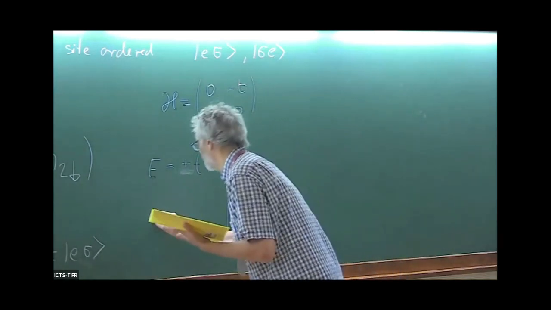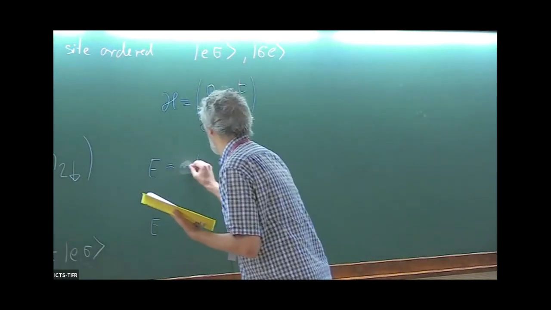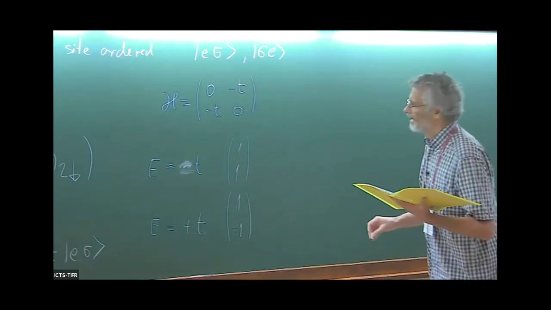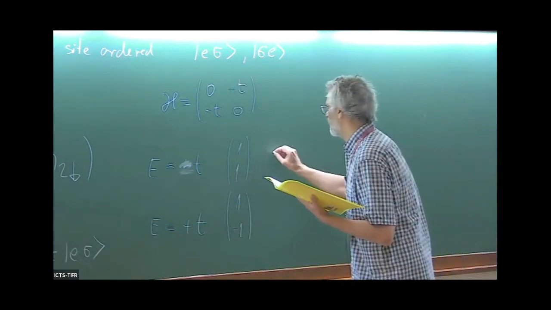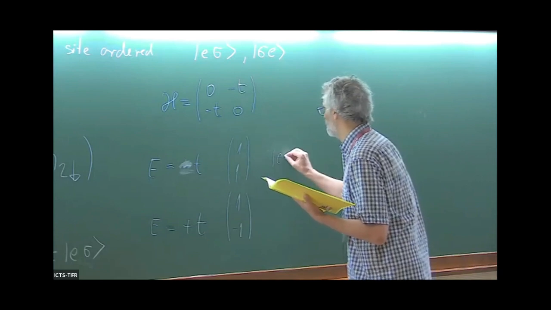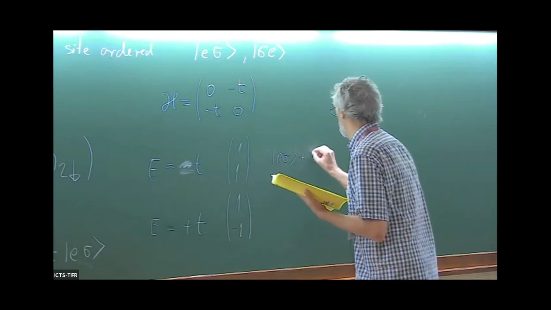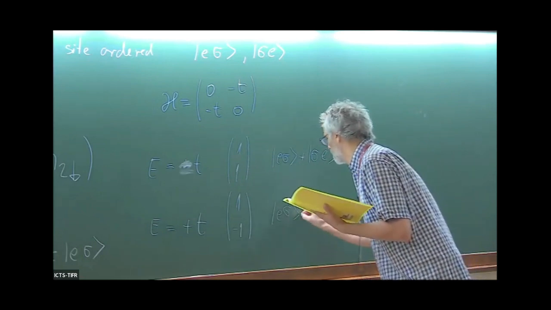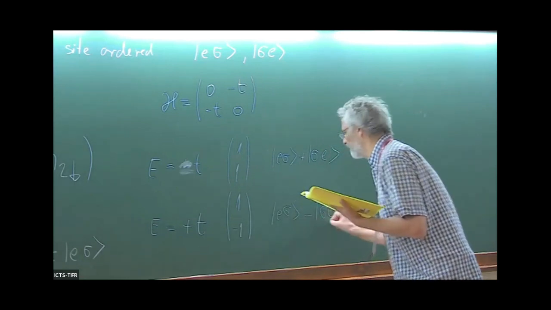Maybe I write it like this: energy equal minus T, and energy equal plus T. The corresponding wave functions are empty sigma plus sigma E, and empty sigma minus sigma E.